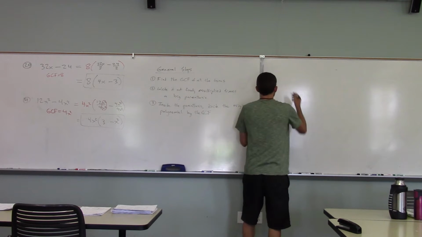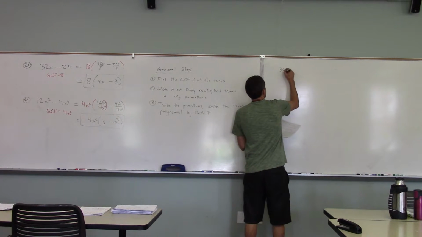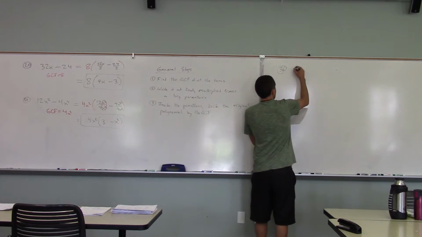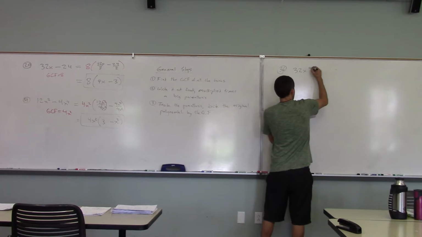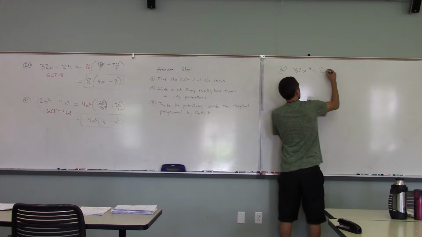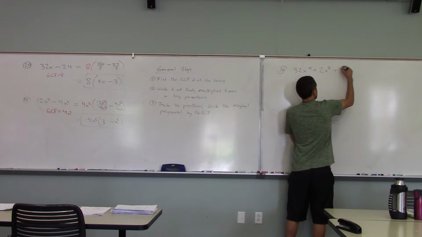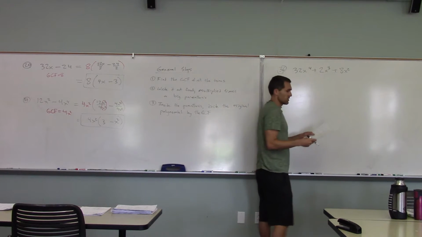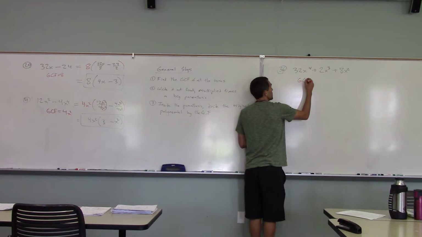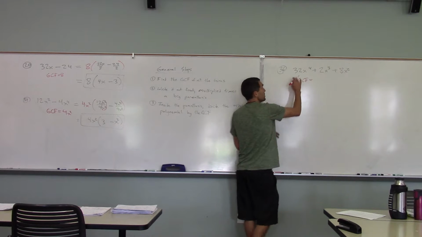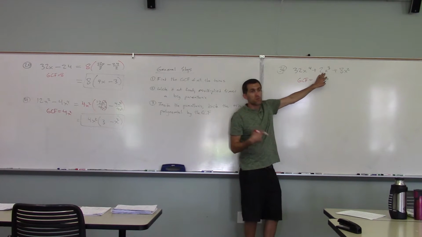Okay, one more example with 3 terms. I'm going to add one little wrinkle to this. So 32x to the fourth plus 2x to the third plus 8x squared. So first, what is the GCF? Right, so the numbers, first start with the smallest number, logically.